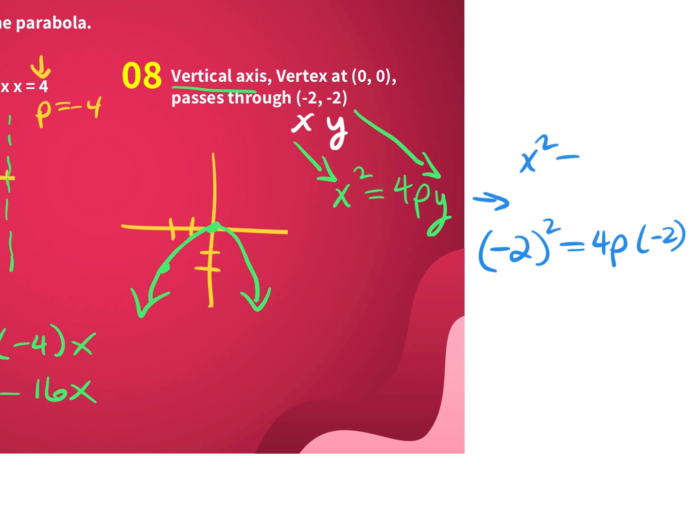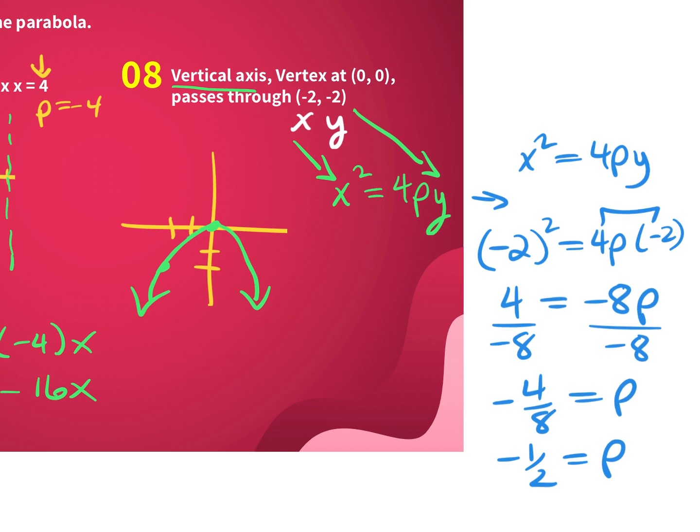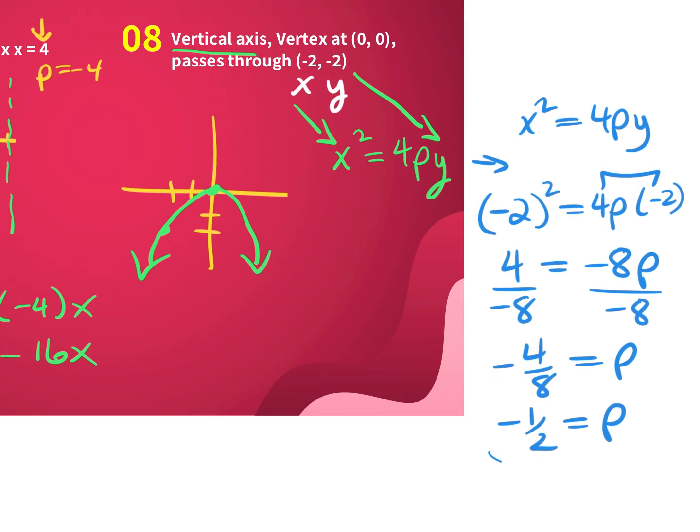So this is what I'm plugging it into. So +4, and then I can multiply these two, get a -8p, divide both sides by -8, and -4 over 8 equals p. Simplify that to -½.